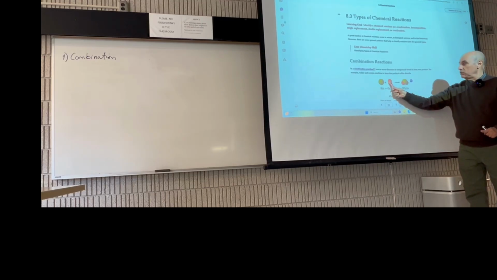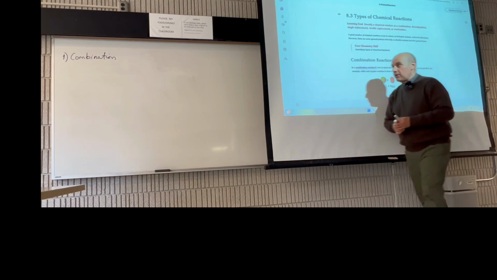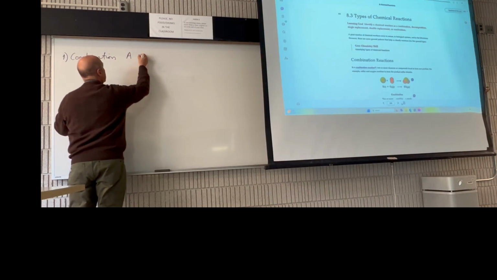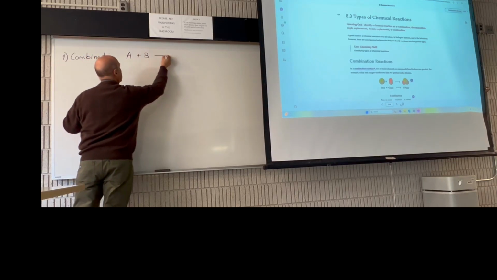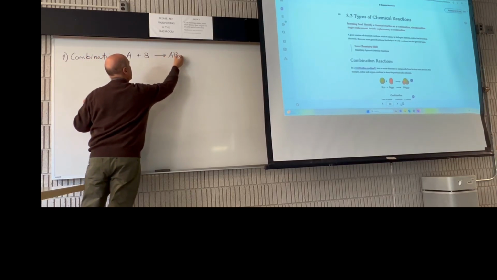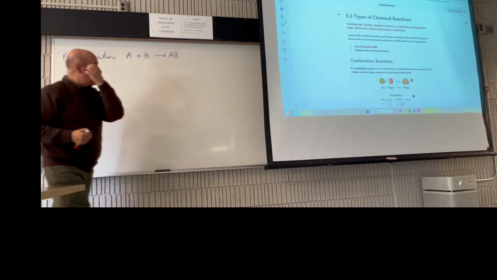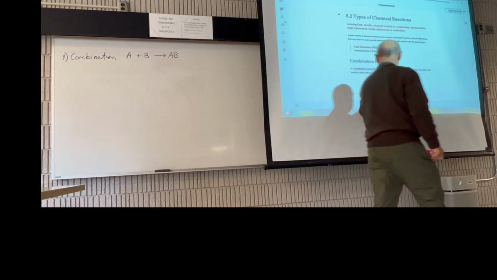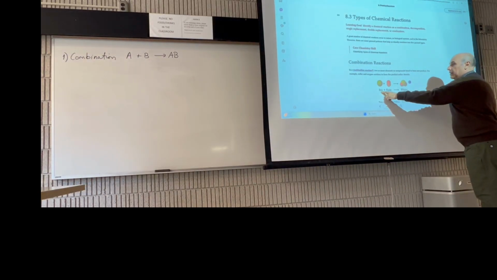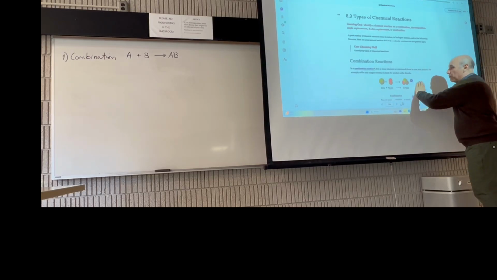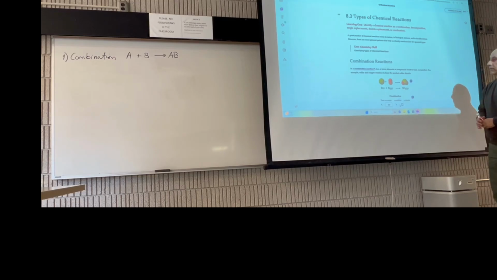You start with 2, you end with 1. I could write this generically as A plus B yields AB. So A and B combined. That's why it's called a combination. In this example, they actually show you sulfur is combining chemically with oxygen to form a completely new chemical called sulfur dioxide.